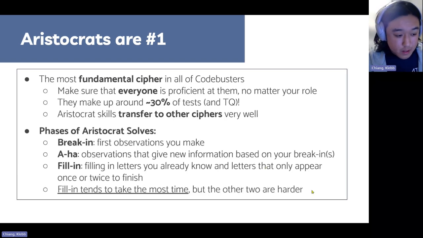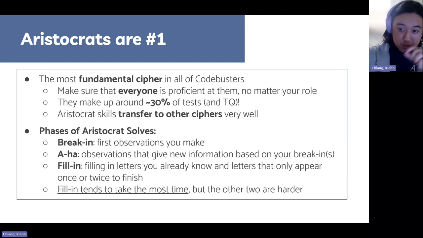Now, here's why I make this distinction. Break-in and aha are more difficult, but they're also very fast. A break-in is one observation. It's one word at most, maybe a couple words, and you write them in, and then that's it. Fill-in process takes a lot of time. You're filling in a lot of letters.